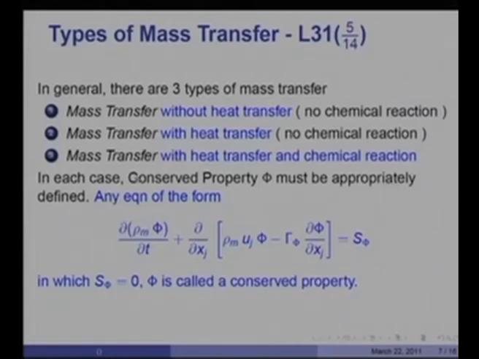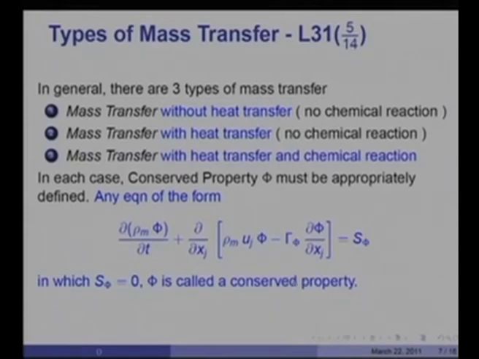Now, what is a conserved property? Any transport equation of the form d rho_m phi by dt plus d by dxj, a convective flux and a diffusive flux, is equal to S phi. This is the well known form that we have seen so many times. Now, suppose for a chosen phi, if it turns out that S phi is 0, then phi is called the conserved property.